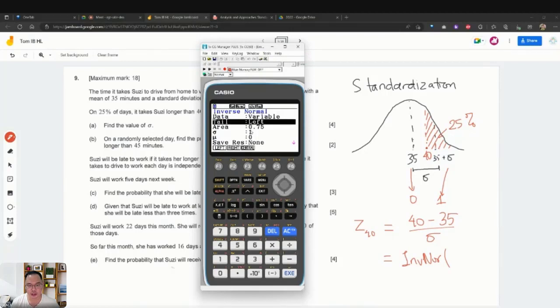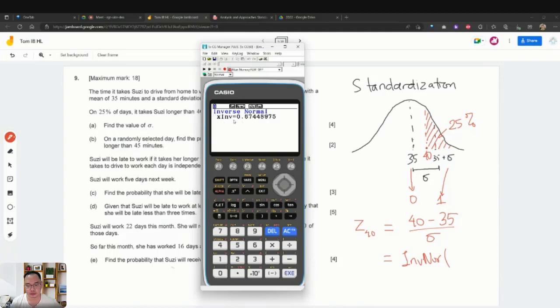The tail is on the right, 25% on the right, so choosing right. Then the area of that right tail is 25%, which is 0.25. Sigma is 1 and mu is 0 by default. We just need to keep it there. Do not change it, 1 and 0. And then run the calculation.